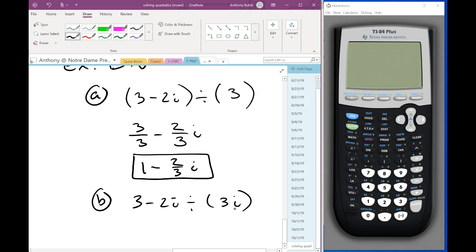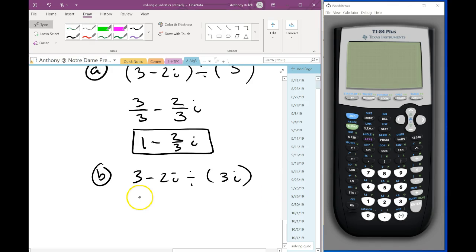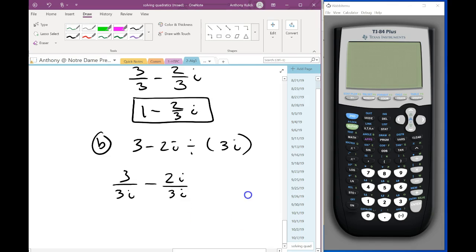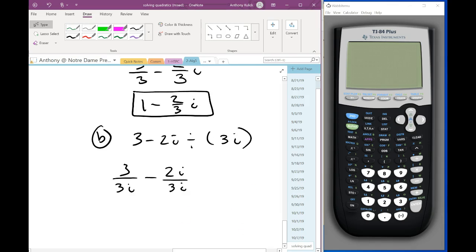Now, let's say I want to divide it by something that's a purely imaginary number, like 3i. Well, I'm going to think about this the same way. I'm going to think of it as 3 over 3i minus 2i over 3i. So 2i over 3i, we can reduce those i's, right?